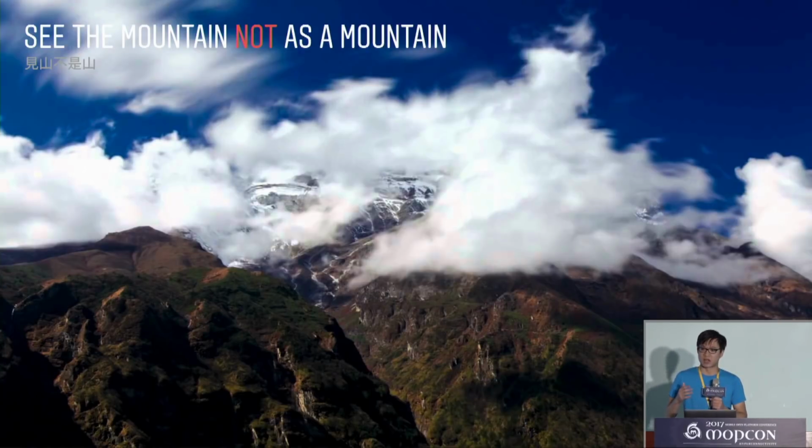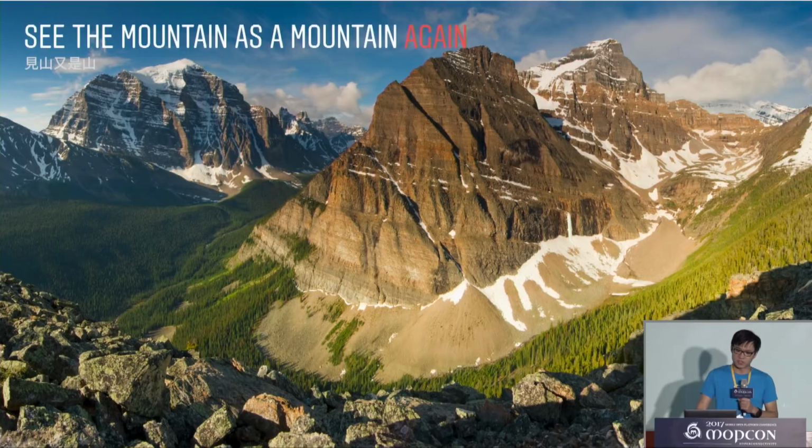He basically would cover the mountain with the cloud because he wants the code to be very flexible, and then sometimes it's just overcomplicated. So as a phase 2 programmer learns more and more, he sees the mountain as the mountain again. He is able to use his experience, and he tries to apply the principles of the design patterns case by case.